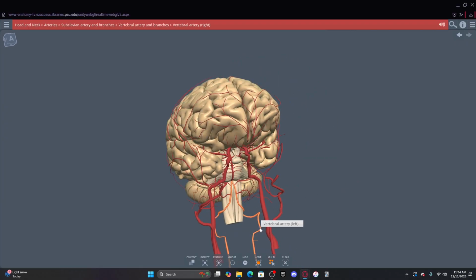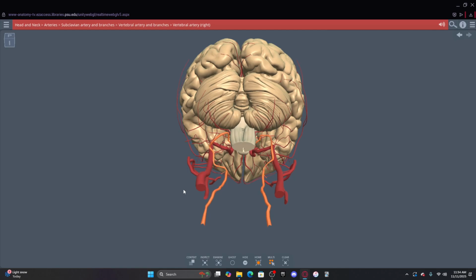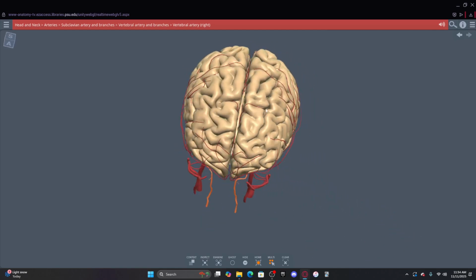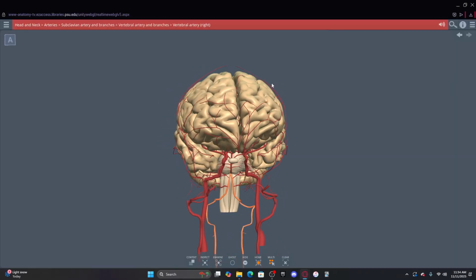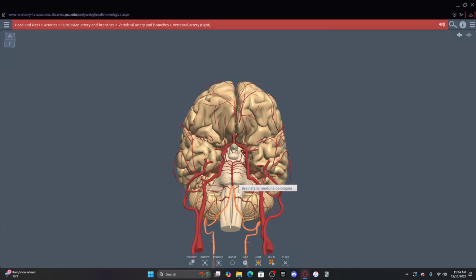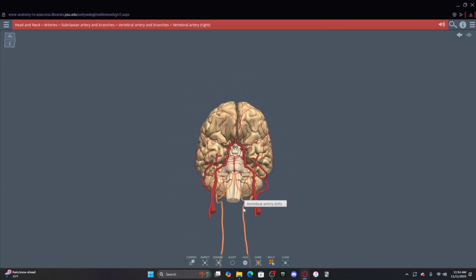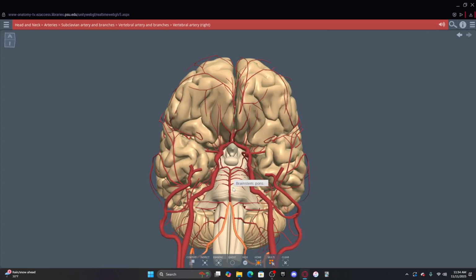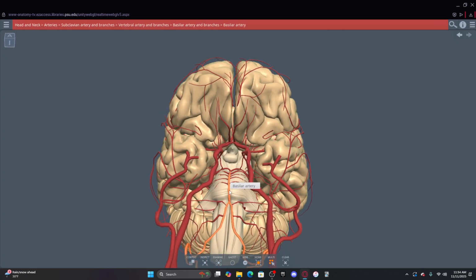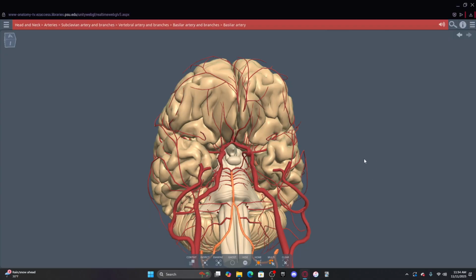So this is how your brain is situated in your head, directly how you're looking at it, and then this would be if somebody was looking at you. Now that we have that down, we have our right and our left vertebral arteries, which converge to form the basilar artery.